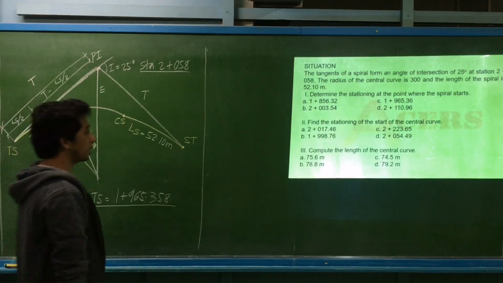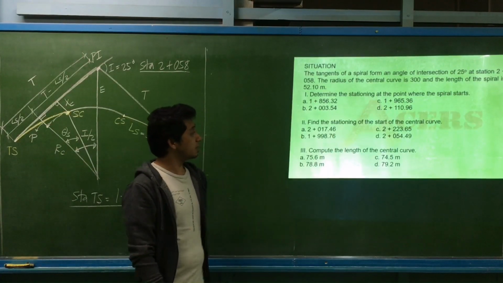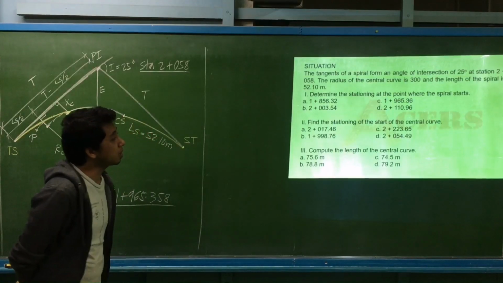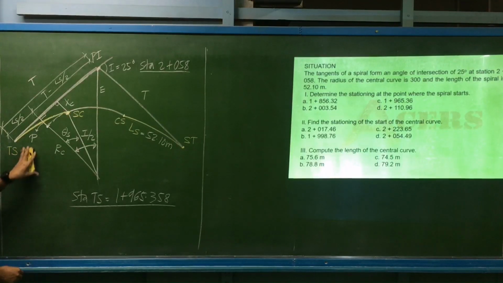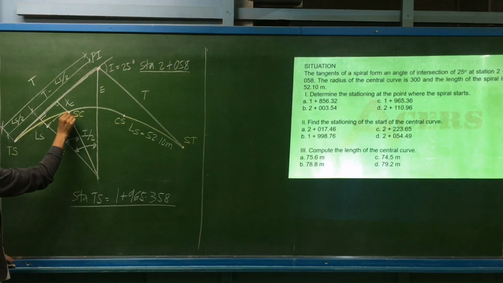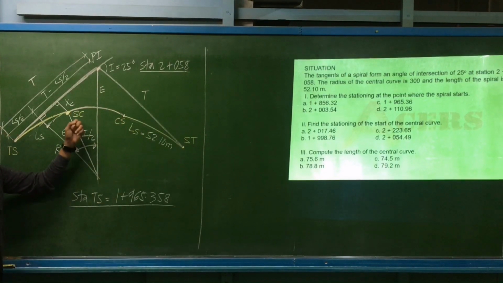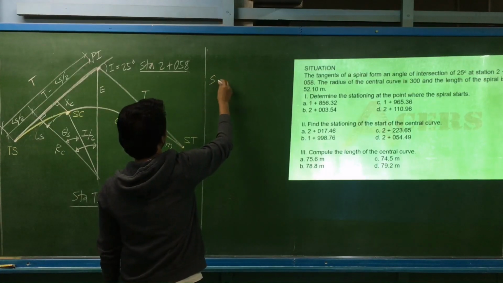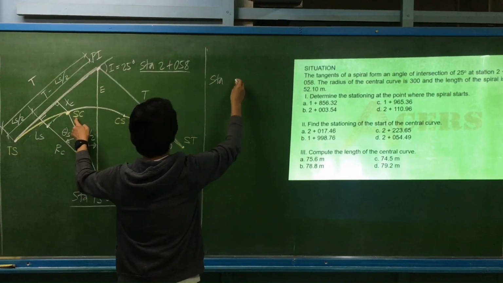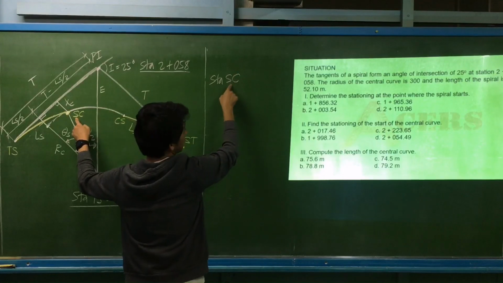Okay, yung second question tayo. So find the stationing of the start of the central curve. So di ba ito yung first point ng spiral. So i-consider lang natin yung length ng spiral. Mararating natin yung starting point ng central curve. So how to determine the stationing of this, from spiral to circular or central.